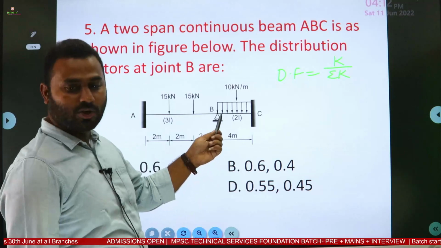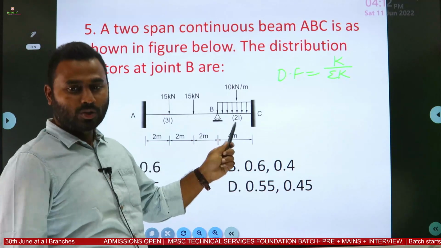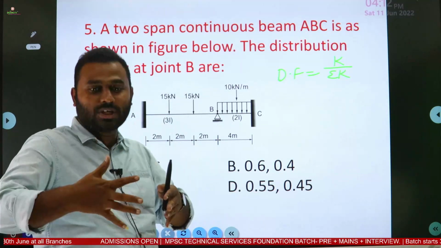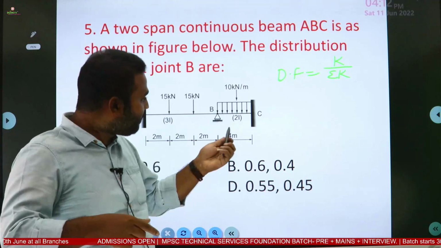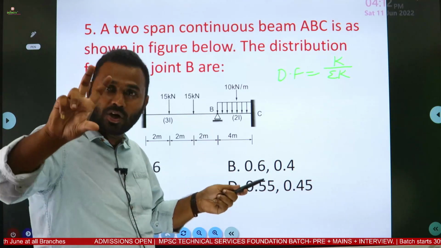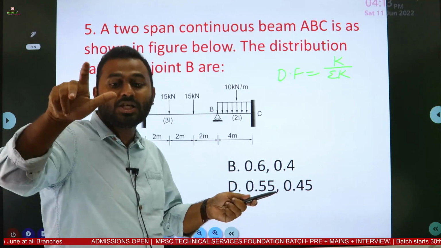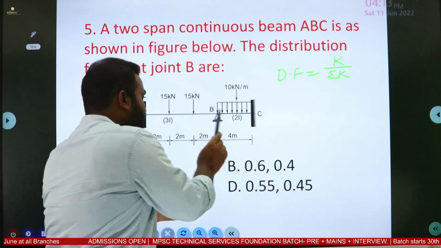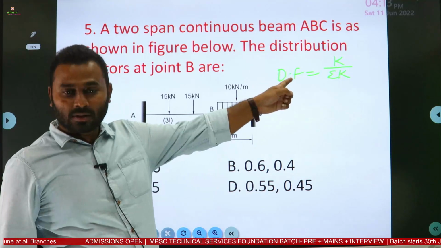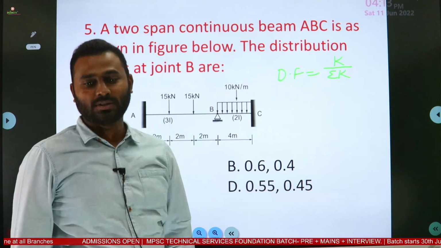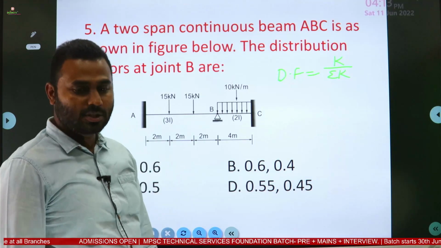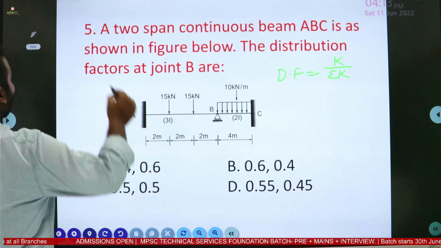Here B is a rigid joint. How many members are there? 2. So the distribution factor is going to tell us, whenever there is a moment acting at that rigid joint B, how that moment is distributed to the members BC and BA.